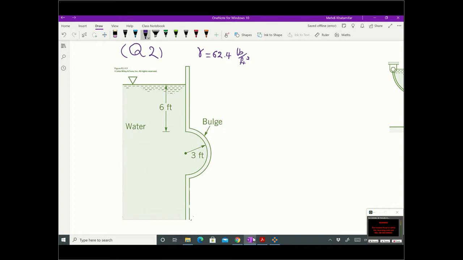What's the formula for the pressure force? rho g h_c. What is h_c? It stands for the centroid. What is the distance from the centroid? It would be at the center of the... Oh wait, no, that's the radius.